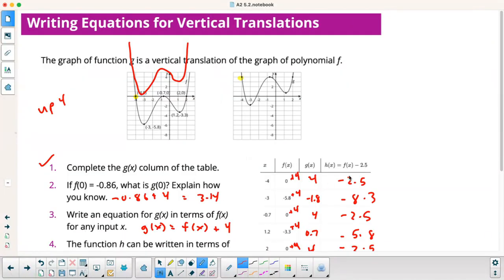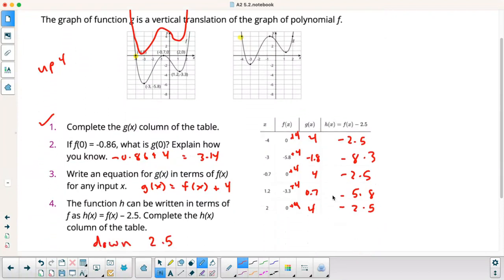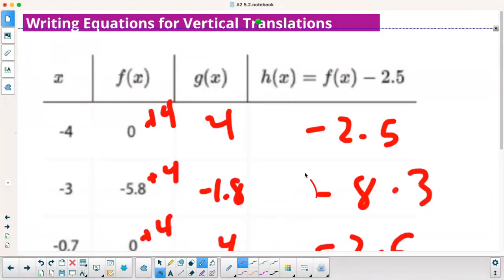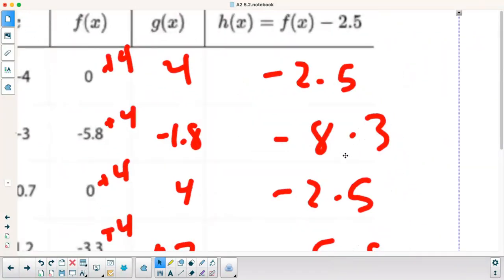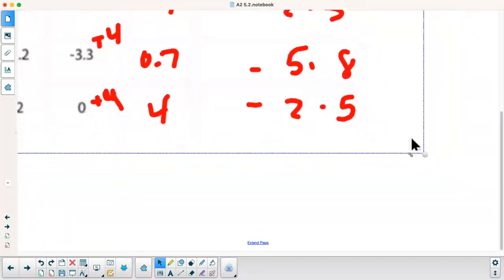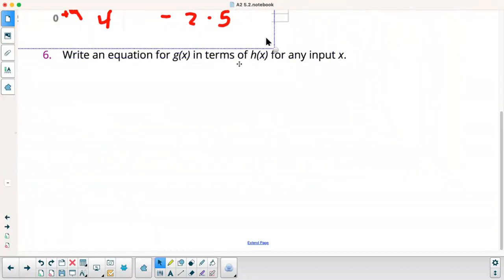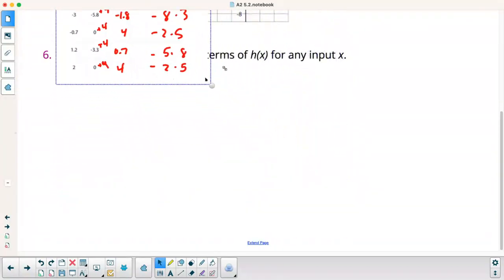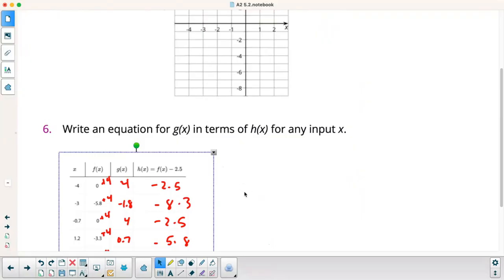So I'm going to copy this table to the next page. I'll make it a little bit easier to graph.